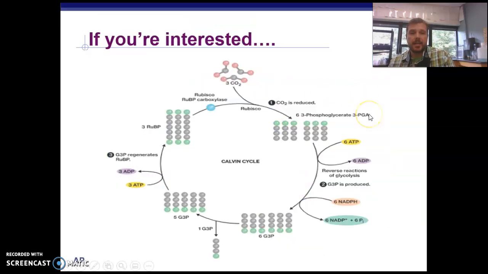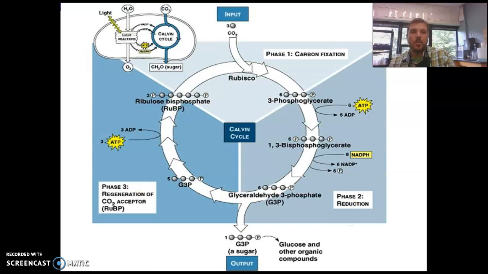And we're going to add a whole bunch of ATP, we're going to add a whole bunch of NADPH, and the College Board doesn't necessarily care that you know about the intermediary steps, but it does want you to know that carbon dioxide and RuBP are combined using Rubisco, that a bunch of ATP and NADPH are used, and that you end up with 6 molecules of G3P.